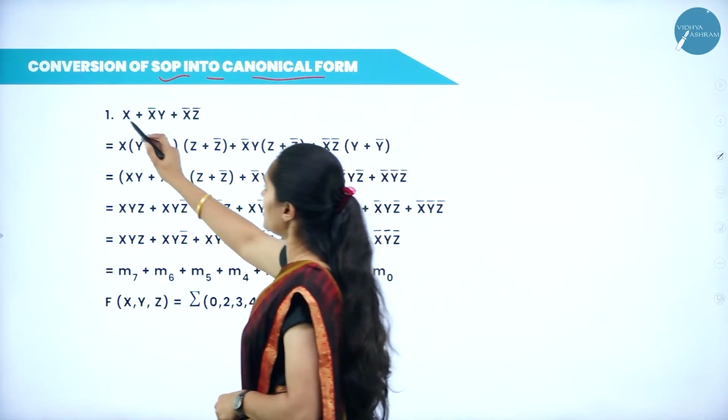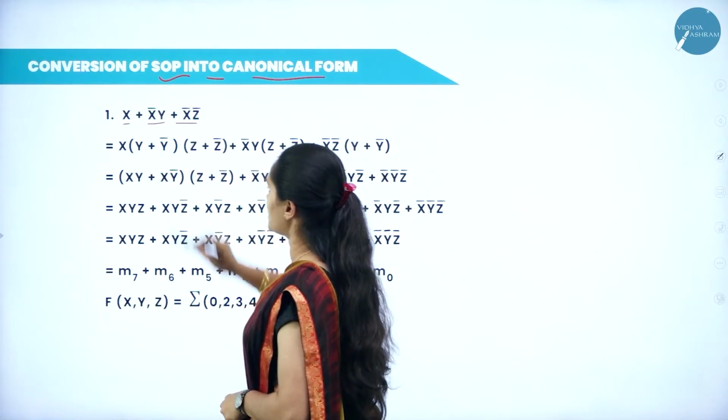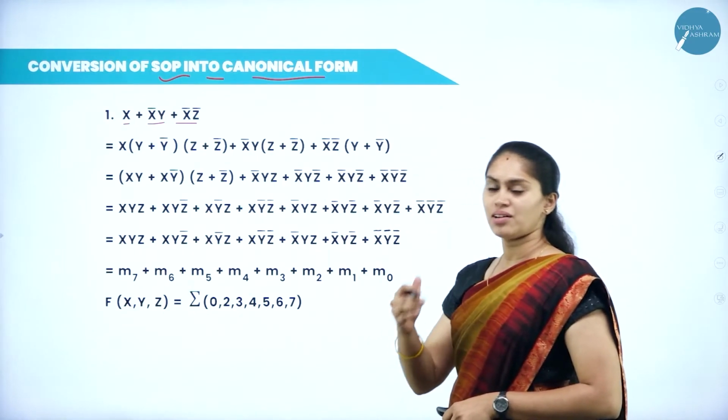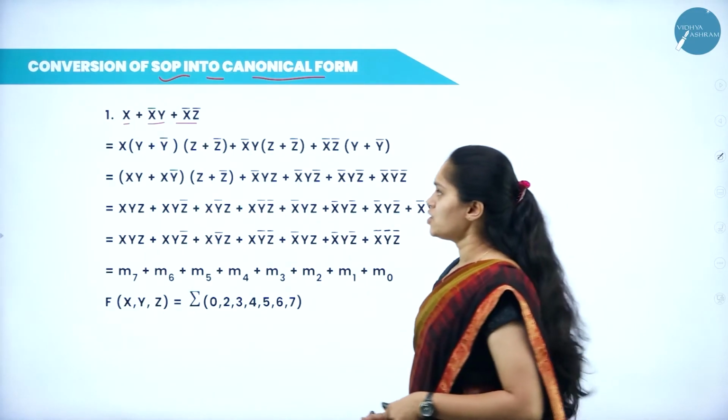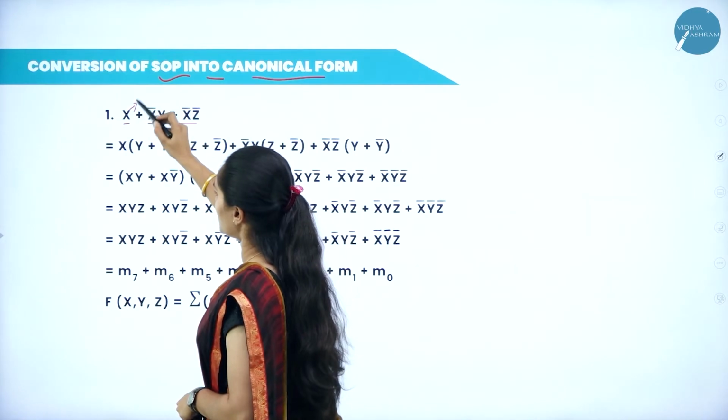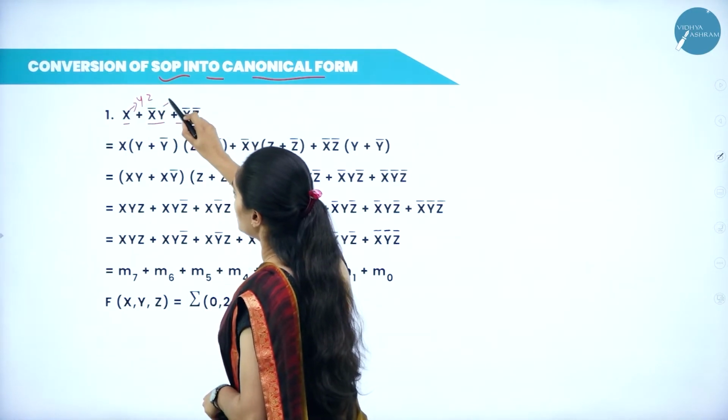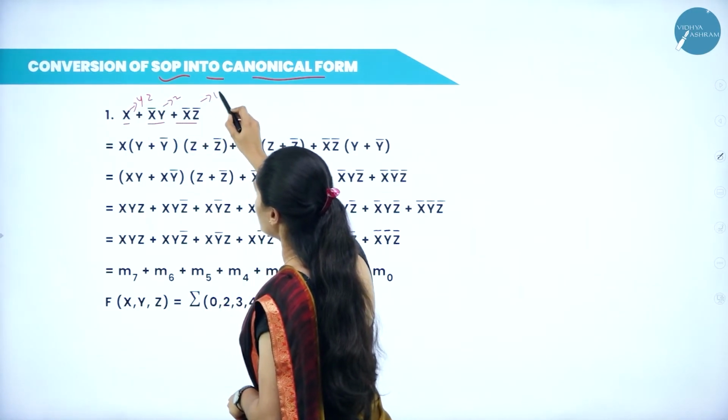So what we have here is x plus x bar y plus x bar z bar. Here we have 3 variables x, y, z. In the first term, I missed out y and z. Here we don't have z, and here we don't have y.